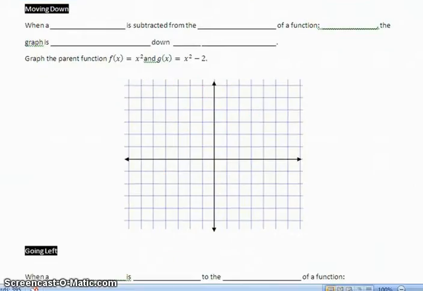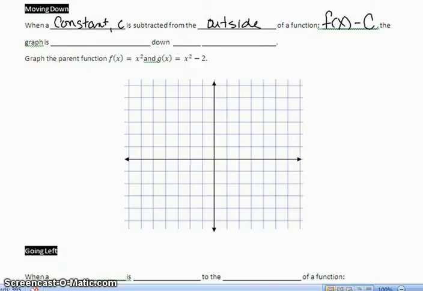When a constant, and once again c, is subtracted from the outside of a function, it's going to have f of x minus c.